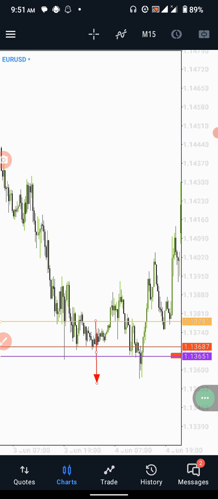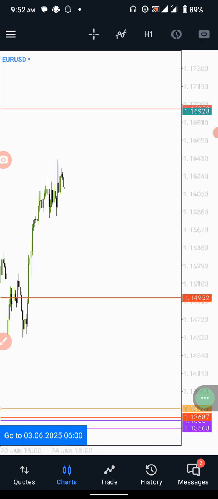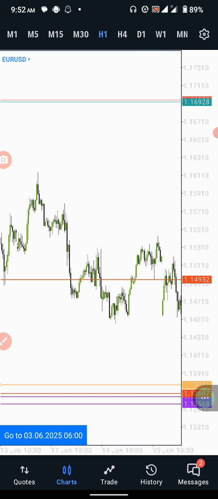So I'm supposed to buy from there, with my stop loss just below there. Even though the good stop loss is supposed to be below that level below here. So this is just an aggressive trade. Yeah. So let us see how the market played out in H4.